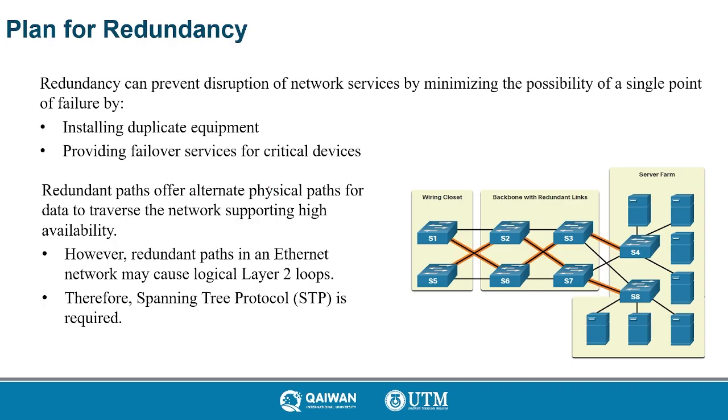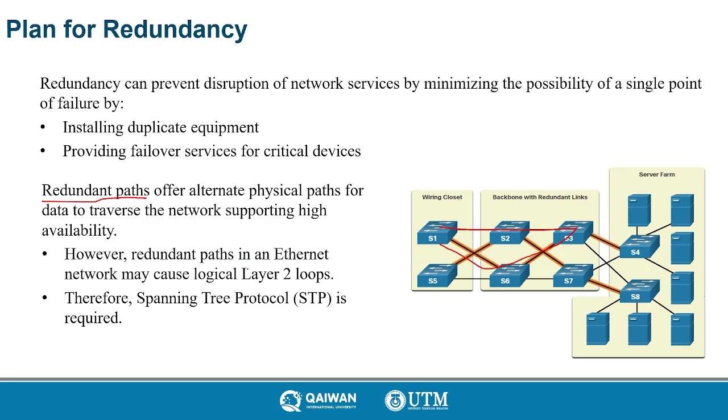Redundant paths offer alternative physical paths for data to traverse the network to support high availability. So you need to have redundant paths, so it is not only one path. If that path goes down, your network will be down. So let's say that through here it can go, or through here, and so on.